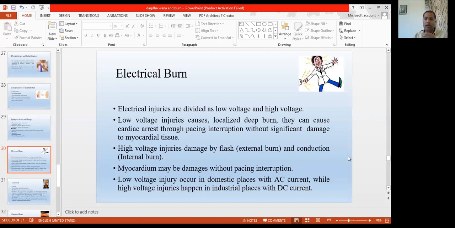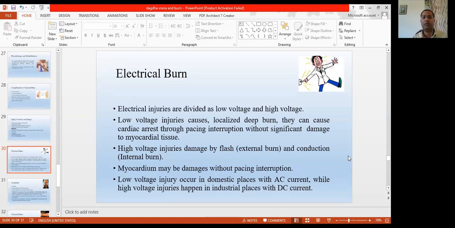Okay, and in the household, only AC current is supplied. So AC gives severe vibration in the body, so the patient gets cardiac arrest, not due to damage of the cardiac tissue, but due to arrhythmia caused by the severe vibrations.